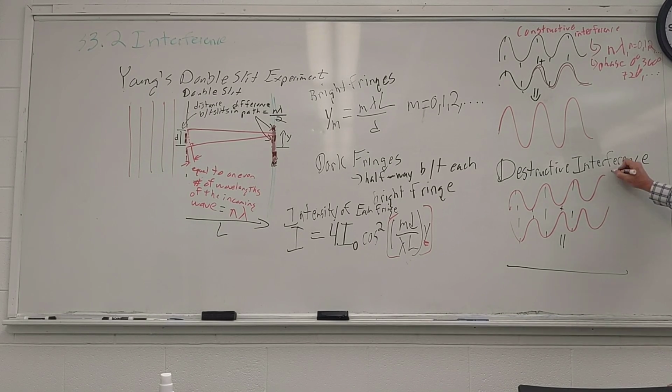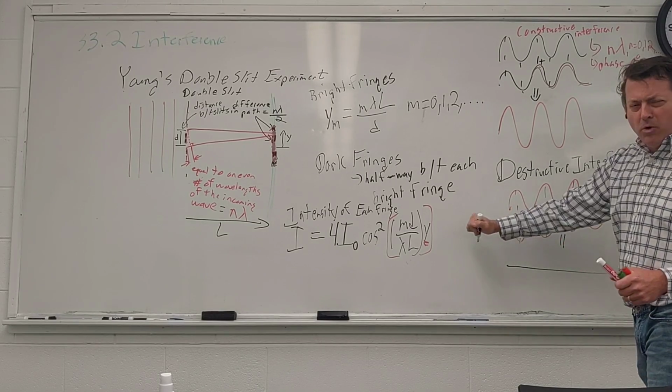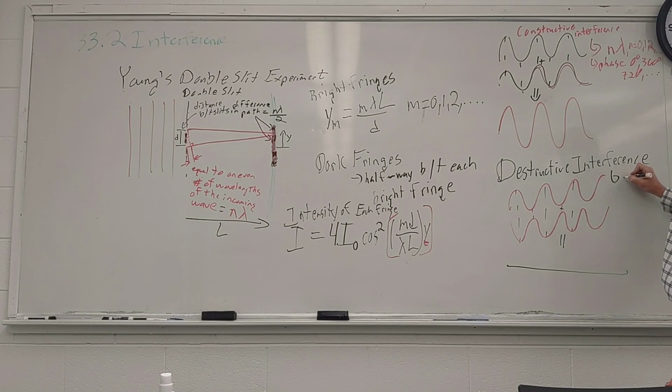You get no output. So how much is this one underneath pushed or pulled behind to make that happen? Well, destructive interference occurs in increments of half wavelengths. So we can say n lambda over 2, where n equals 1, 3, 5. You're like, 1, 3, 5?